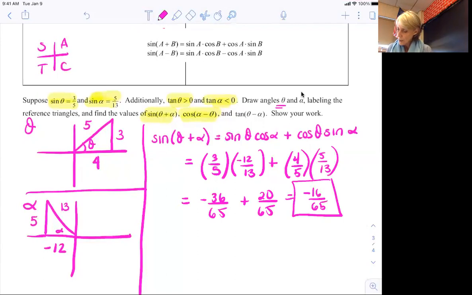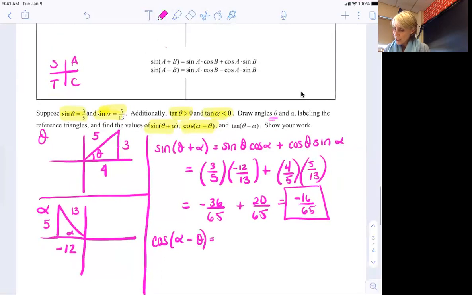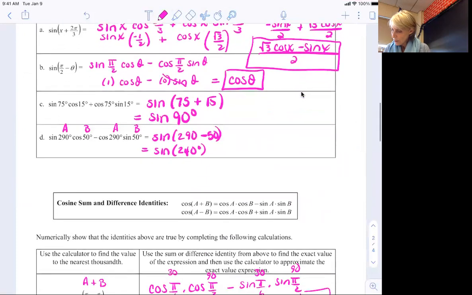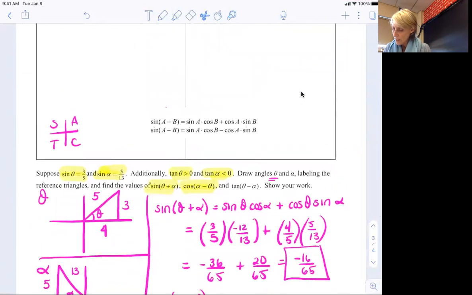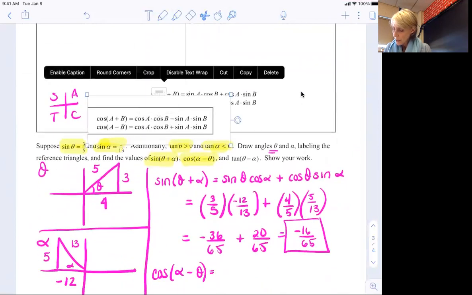And we're going to do the same thing one last time. Cosine. So we're going to plug into this formula. Again, it's really just a matter of substituting into your formulas.